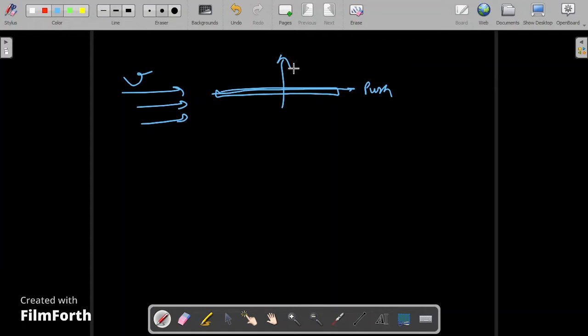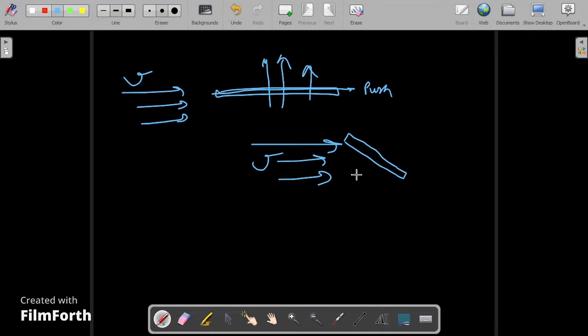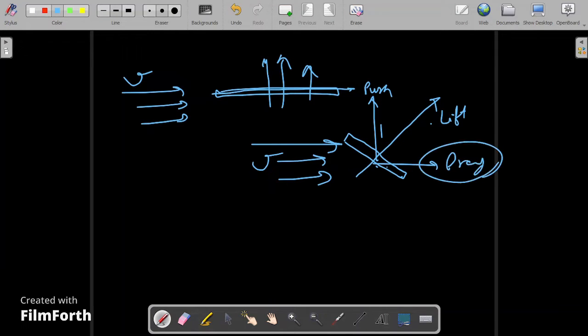However, if we put the same slab at a particular angle and a fluid with a velocity v is moving, you can see that there is a push which will act on this slab, which is known as lift force. In a vertical upward direction there is a component of this lift force which will lift the slab, and the other force is known as drag, which we'll discuss some other day. So this is the lift force which will lift the slab in an upward direction.